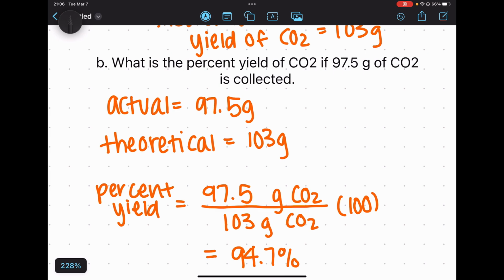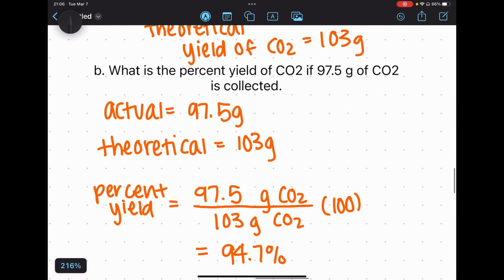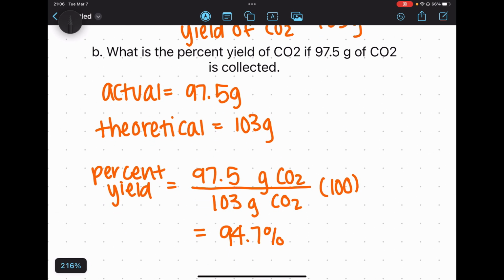So going on to part B, I know I'm looking for my percent yield, so I first wrote out my actual amount of CO2 that I got from this reaction, which was 97.5 grams. And then I wrote the theoretical yield of CO2 that I calculated earlier in part A, which was 103 grams.